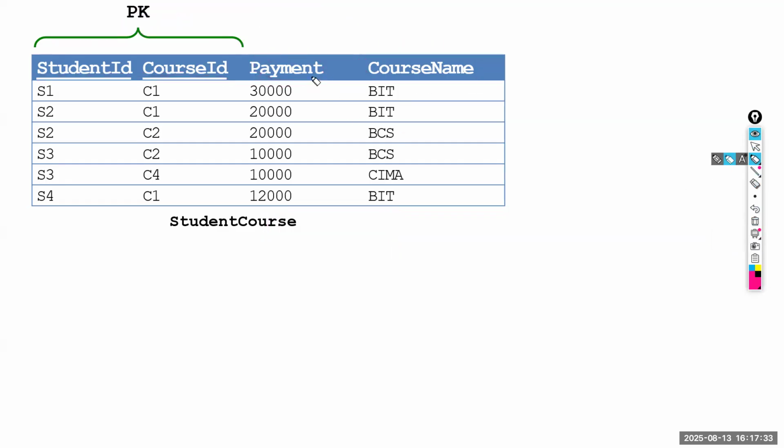Right. So the simple answer is payment is okay. It doesn't violate second normal form because you can see that this payment is by student one for course one. Because when you register for multiple courses, you need to pay individually. You can't say this is my payment. You must say this payment is for this course.